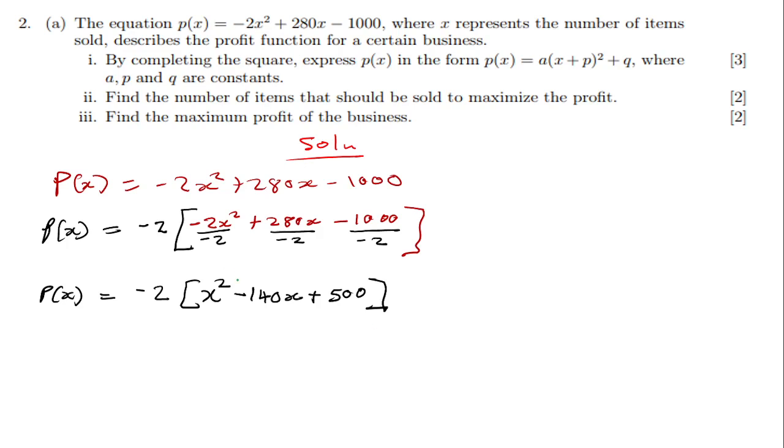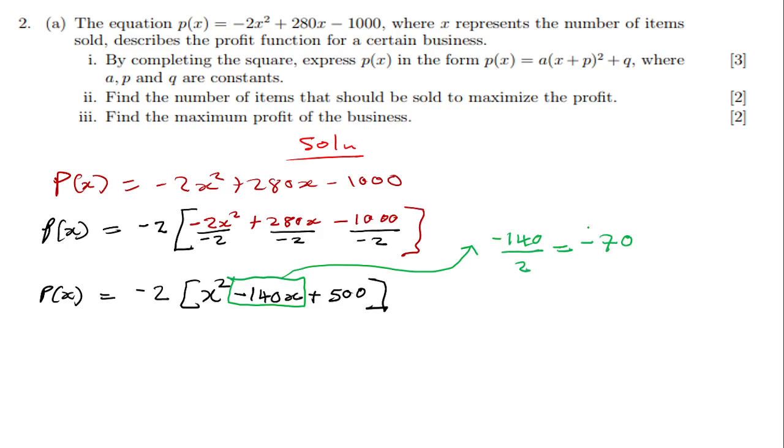So you take this 140 here and find half of it by saying negative 140 divided by 2, which gives you negative 70.